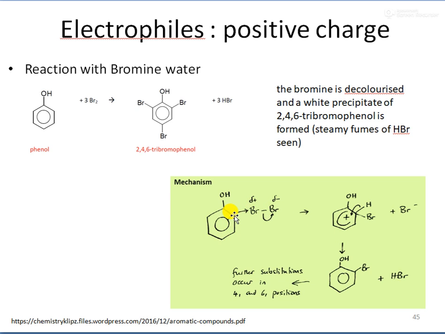So this is how the bromine is attacked by the phenolic group. Here substitution occurs at the ortho position. As a result, there is a slight shift in the electron density, and this hydrogen is eliminated by the Br minus ion. So HBr will be eliminated, and this is the resulting product.